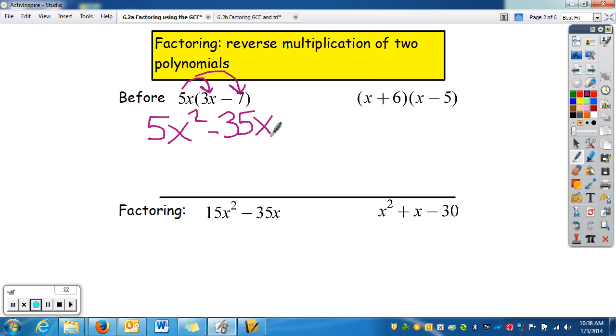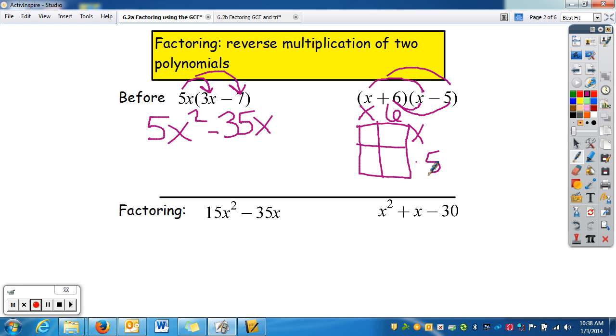Or on this one, we would distribute the x twice and then the 6 twice, or we used our box and went x plus 6 and x minus 5. Both ways we get x squared, and then you'd have 6x here and negative 5x.